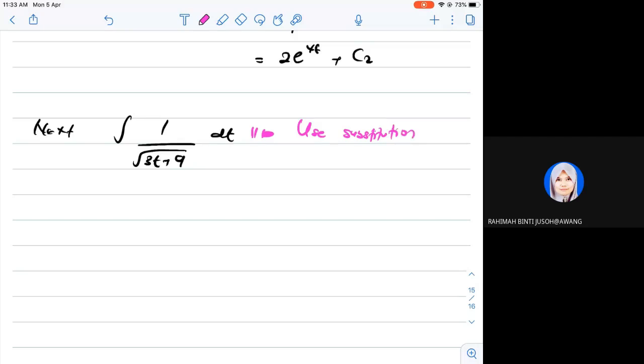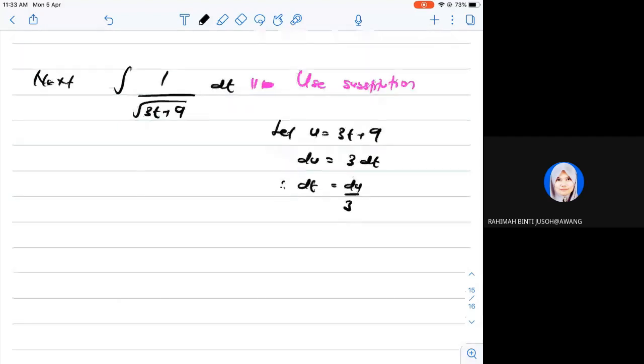Okay, we use substitution. How? Okay, like this. We let u equals to 3t plus 9. Okay, so differentiate u, kita akan dapat 3 dt. Alright, so dt terbalikkan jadilah du per 3 lah kan.